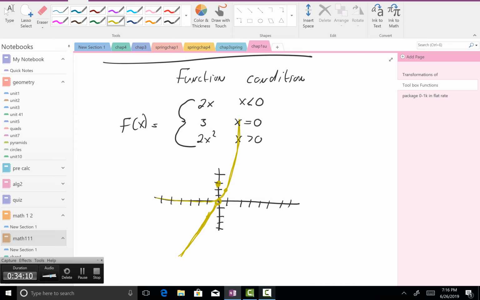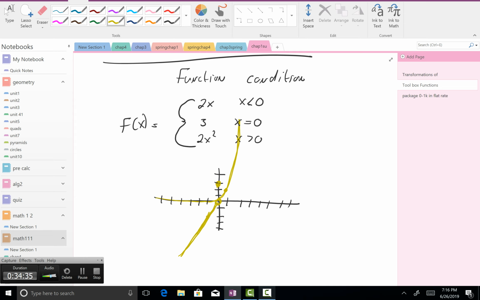Okay, comma, because now I'm entering the last and final line. I got to put the condition in first, x greater than 0, such that (2x squared). And there it is.